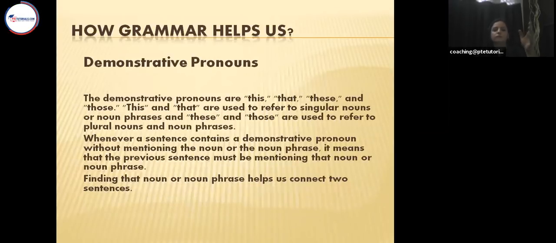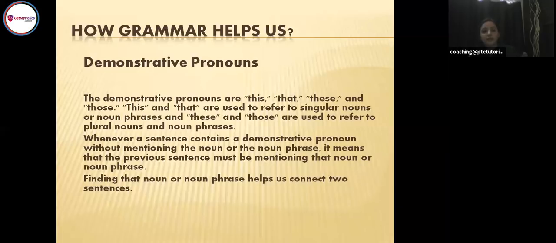Demonstrative pronoun. We have learned these things in our school time. When something is quite near to me, I'll say this. When that particular thing is not near to me, I'll say that. The plural of this is these, and of that is those.